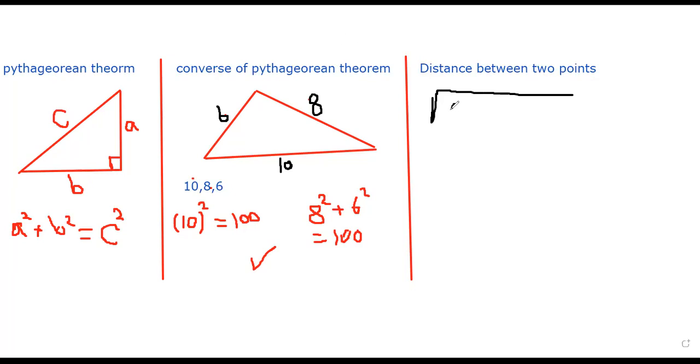So we put them inside parentheses, all to the power of 2, plus y2 minus y1, all to the power of 2. So it will be x2 minus x1 all to the power of 2 plus y2 minus y1 all to the power of 2.